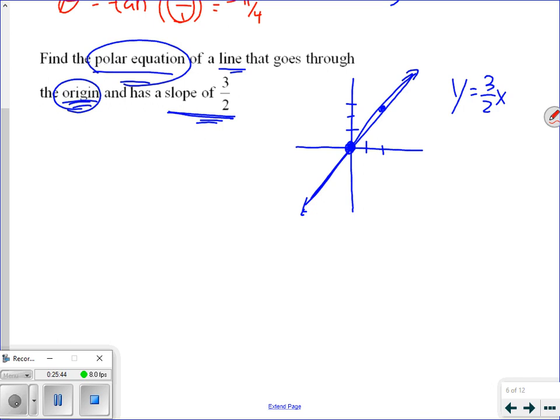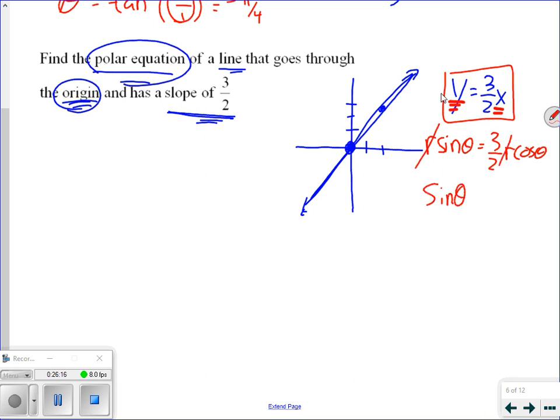Now we're going from equations to another equation, but I still use the same exact identities. y is the same thing as r sine theta, and x is the same thing as r cosine theta. Now, just like with an x and y equation where we want to get y equals, same thing with an r and theta equation. Usually you want to get it as an r equals equation.